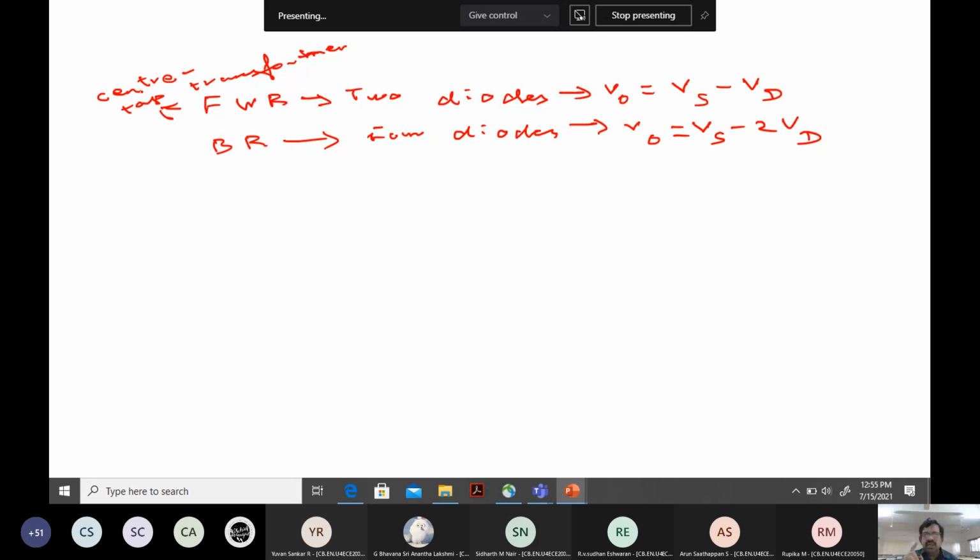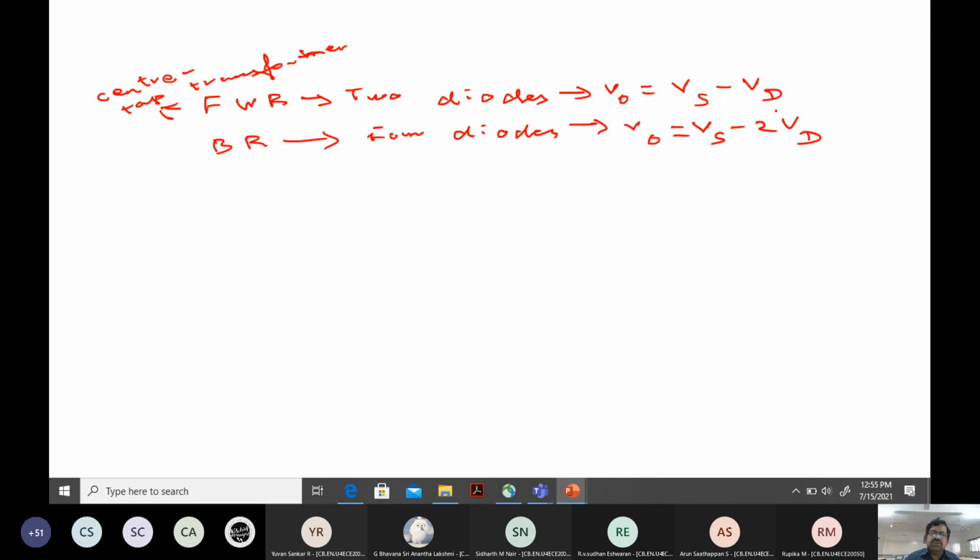But if we use one without a center tap, we need only half of that winding. So get that clear. The bridge rectifier does not require a center tap transformer, and we can get very nearly the same output, even though slightly lower. Also, diodes are inexpensive compared to the transformer.